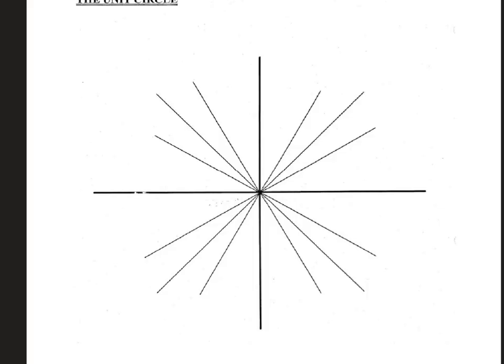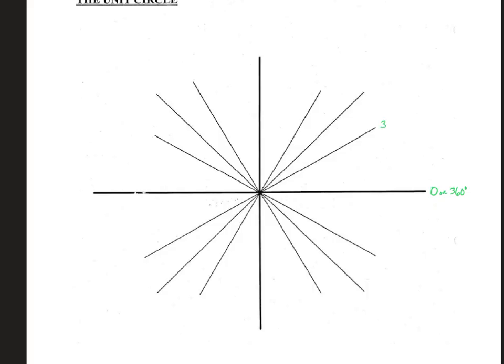So we're going to now go through and put on all of our degree measurements as we go around that entire circle. So for instance, if I dealt with a rotation angle, I know that my positive x-axis is 0 or 360 degrees. What I have on here is every multiple of a 30 or a 45 special angle.